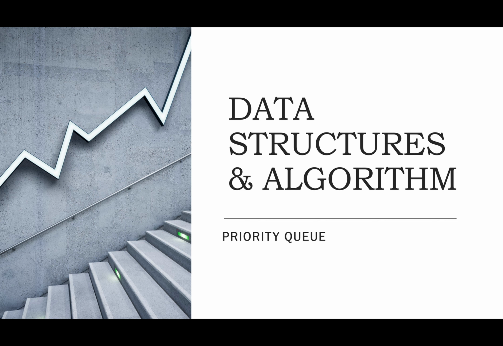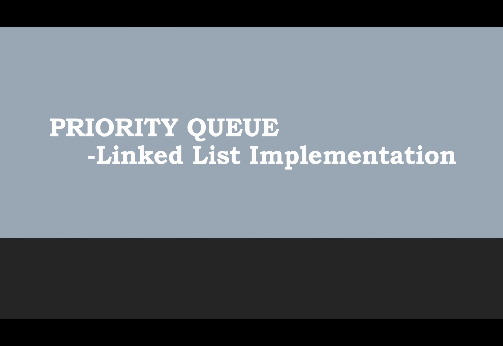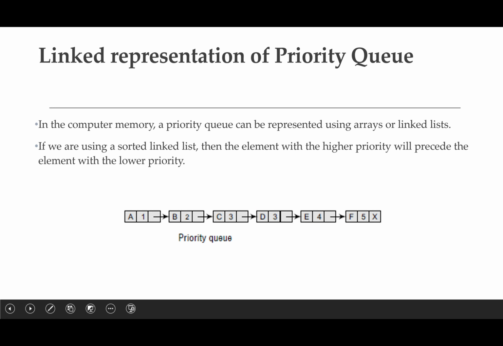So priority queue can be implemented by using the linked list or by using the array concept. Now we are going to see the priority queue implementation by using the linked list. In computer memory, the priority queue can be represented by using the array or the linked list.